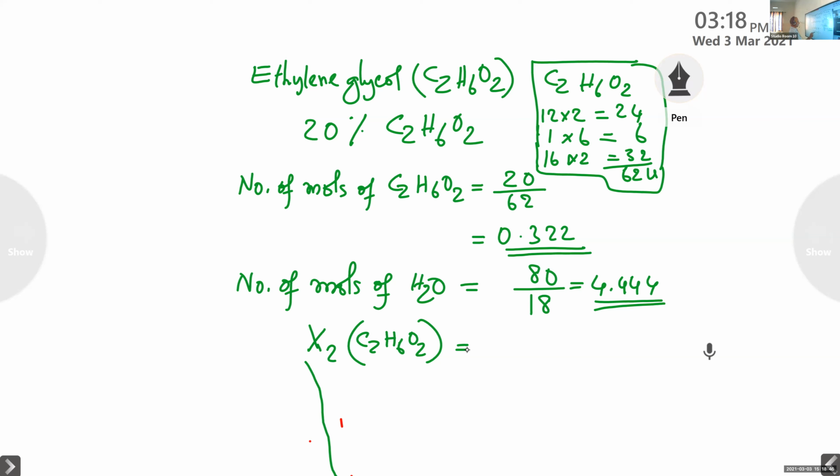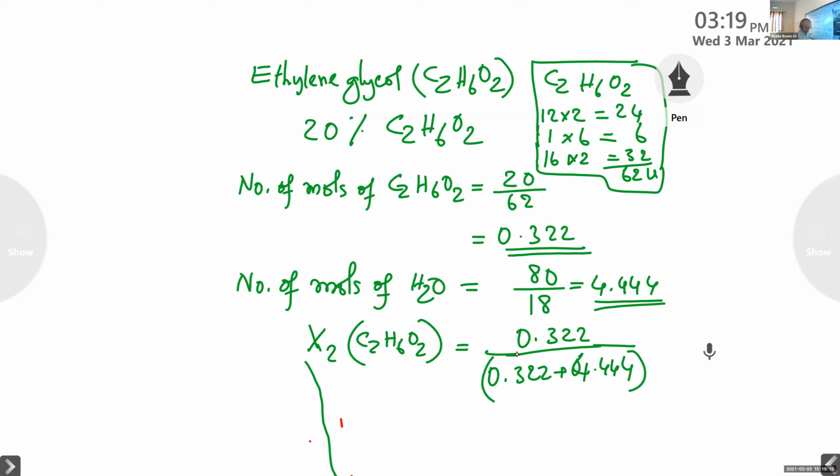Here, number of moles of ethylene glycol is 0.322 by total number of moles, that is 0.322 plus 4.444.